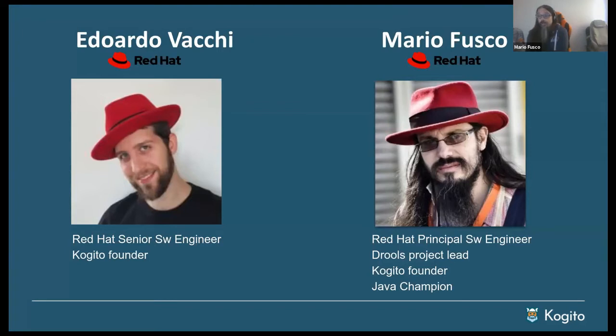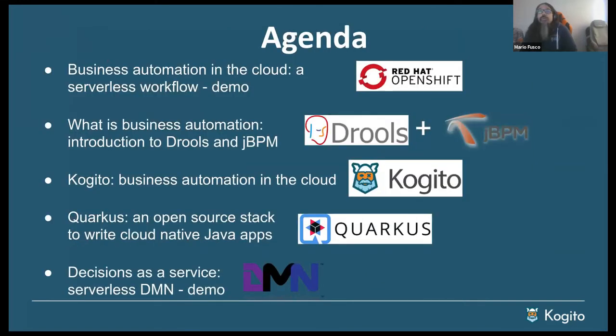I'm the project lead of Drools, which is the rule engine of Red Hat and one of the key components of Kogito, of which we will speak about later. And I'm also a Java champion. Okay, so this is the agenda for today.